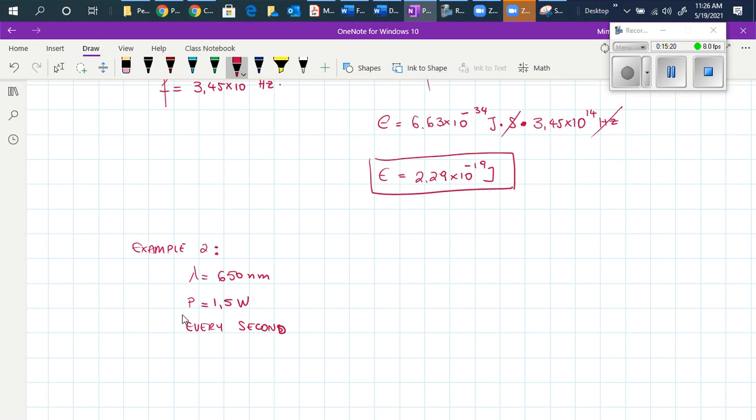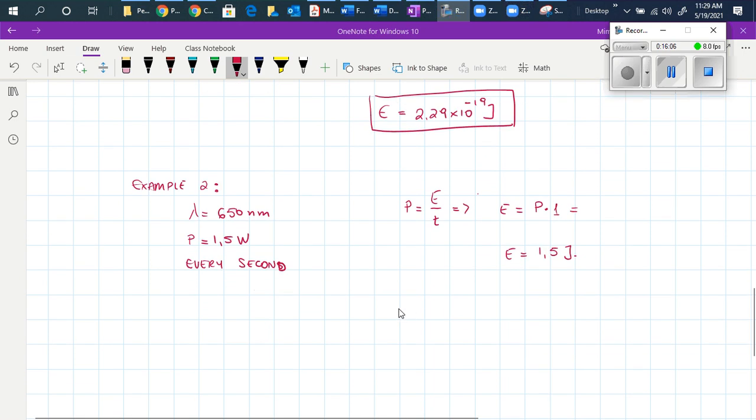First let's calculate the energy using the power information. Power is the rate of energy, so how much energy is produced per unit of time: E over time. Since the time is 1 second, the energy is equal to P times 1 second, so the energy is equal to 1.5 joules.